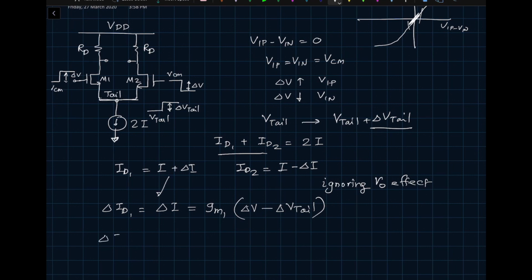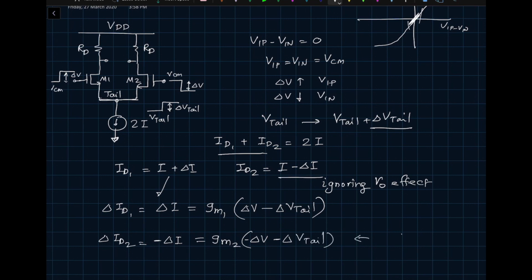Similarly, we can say delta ID2 is equal to minus delta I. That will again be given by the transconductance GM2 times the delta V which is applied at this input, which is minus delta V, and again delta V tail.